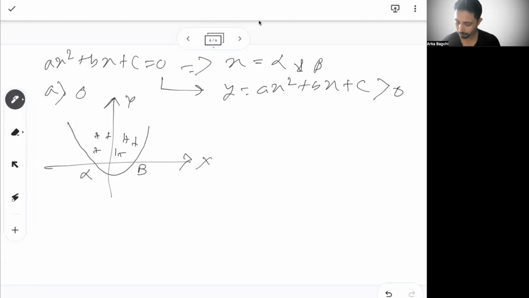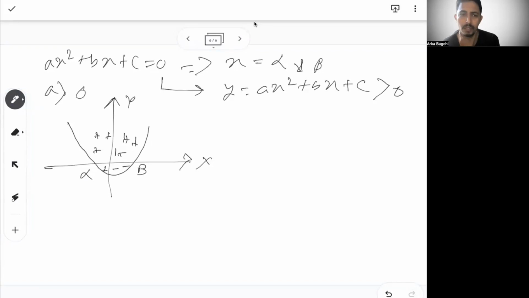When y is negative, in this zone, it is below the x-axis. So if you see this very carefully, y is positive when the graph is above the x-axis, and y is negative when the graph is below the x-axis. That's basically where y is positive and where y is negative.